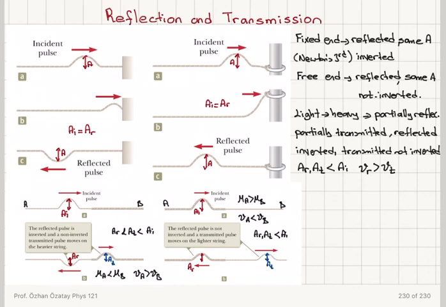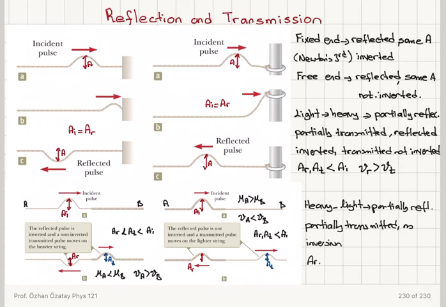And if the pulse comes from a heavy string and hits a light string, again it will be partially reflected and partially transmitted. None of these are inverted, so no inversion.